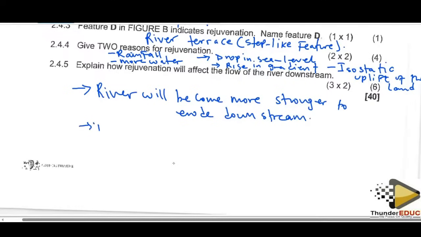So the river's erosive capacity will increase.